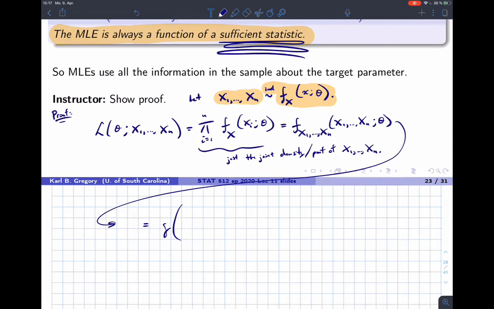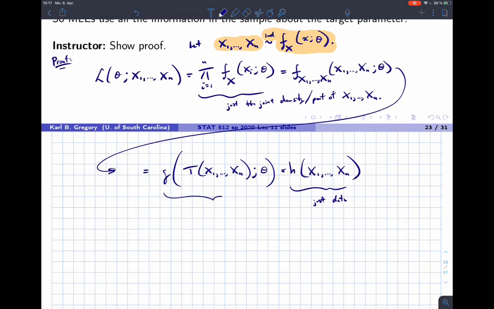And if we could factor our joint PDF or joint PMF of the random variables in the sample into the product of a function h, which involved just the data, so just the data, and a function g, which is a function of some statistic and theta, then this statistic, when we found this factorization, that was a way of showing that this was a sufficient statistic for theta.